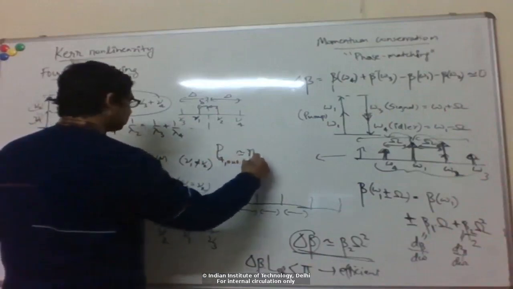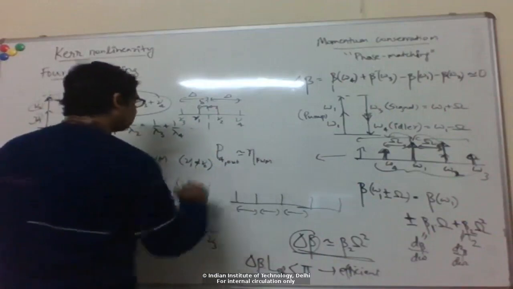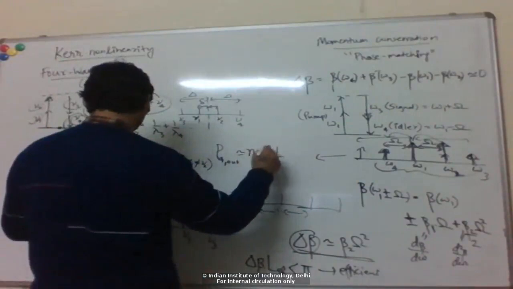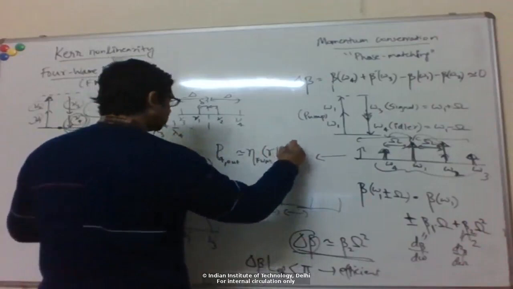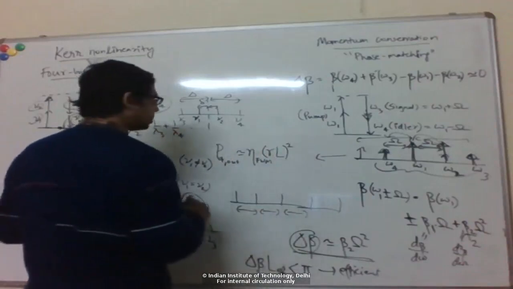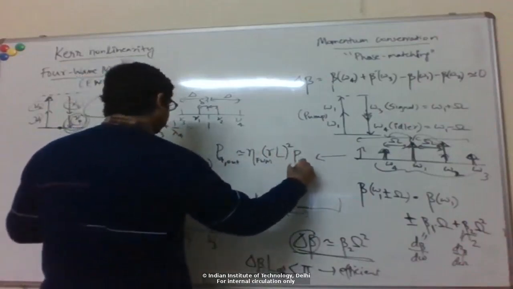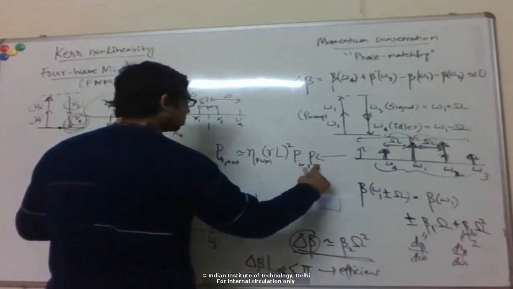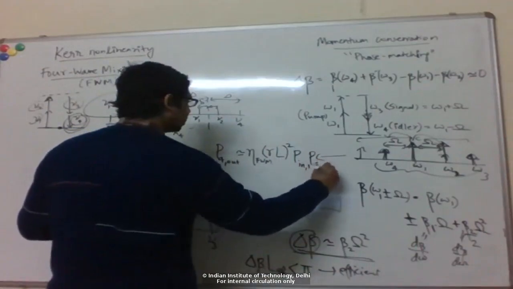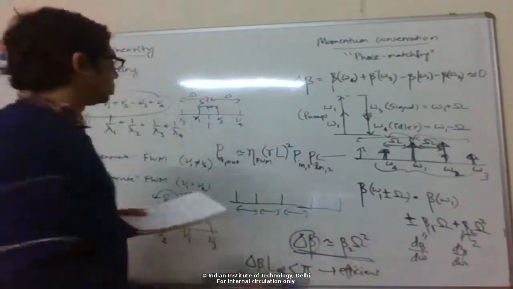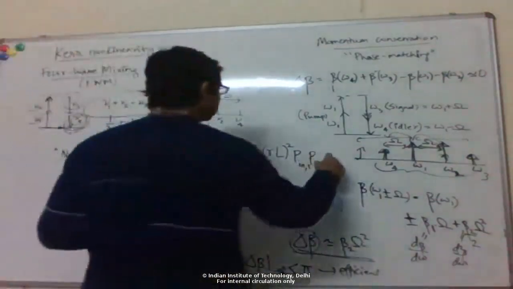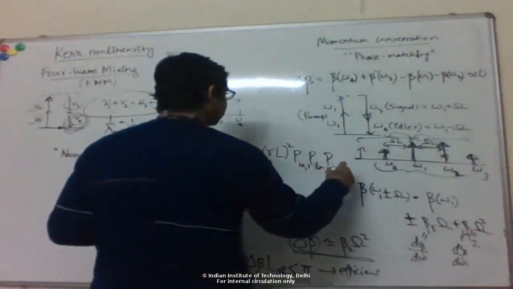Okay, I can write that as some 4-way mixing efficiency times this gamma times length of fiber squared times the powers in the 3 channels: P in 1, P in 2, P in 3.